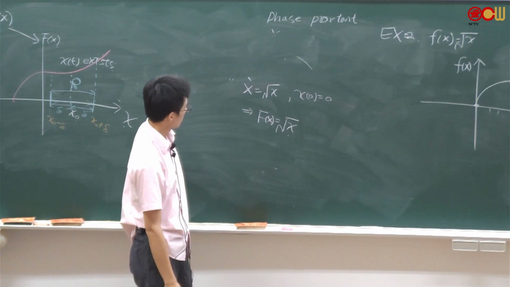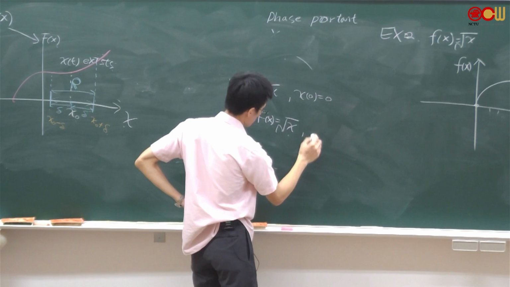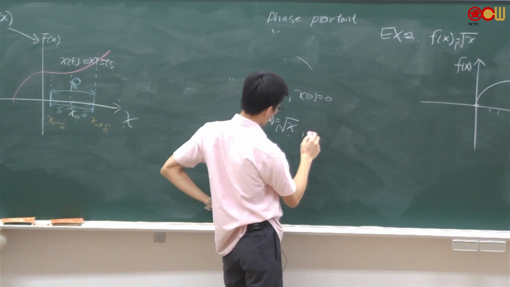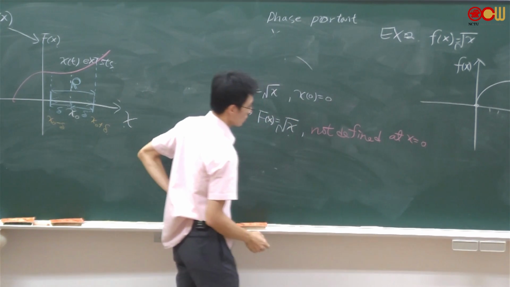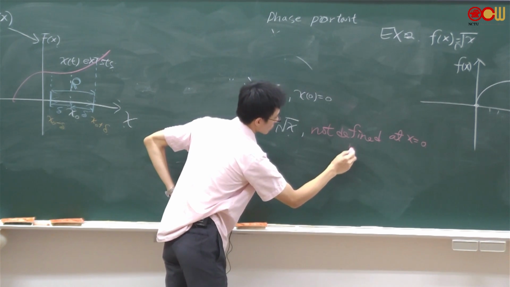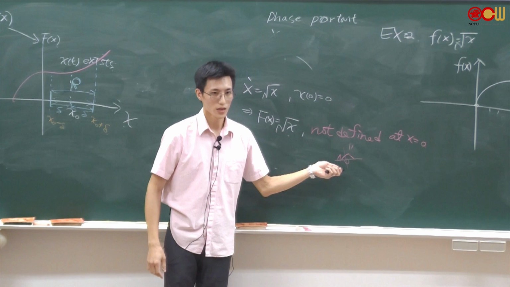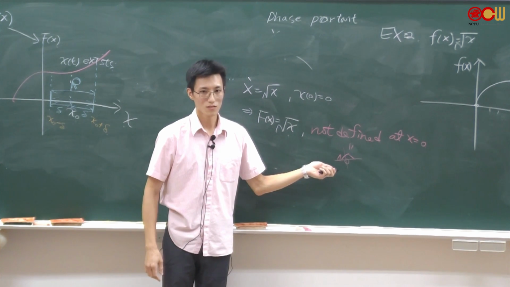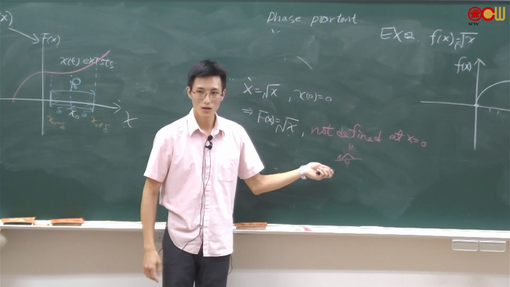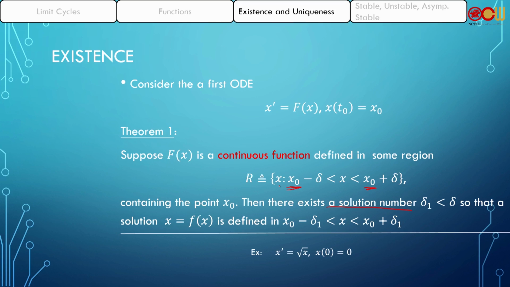The square root of 0 is not defined, right? Can you take the square root of 0? No. If your initial condition is 0 and this is your dynamics, there's no solution.